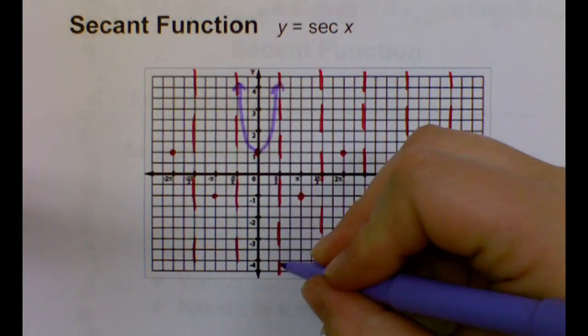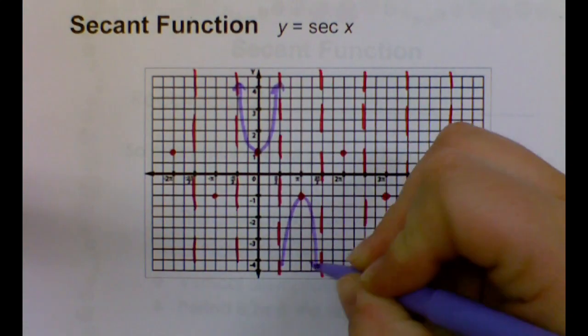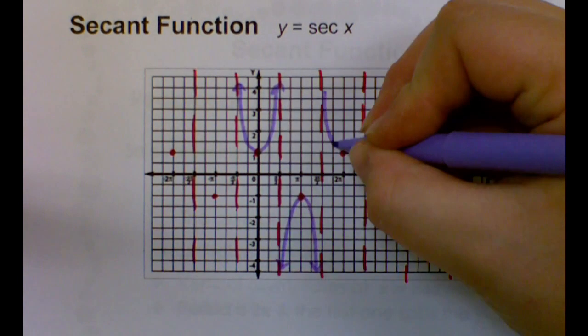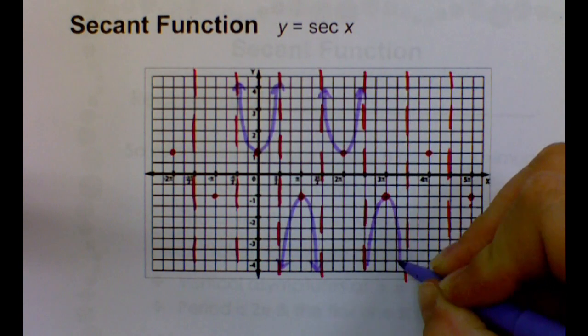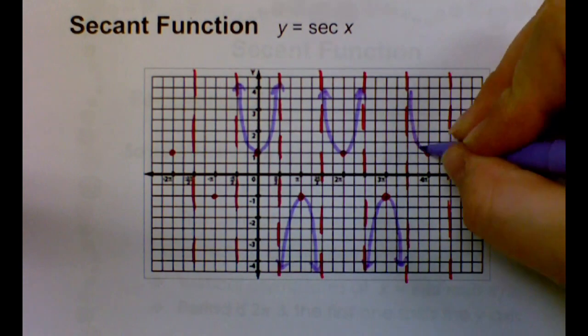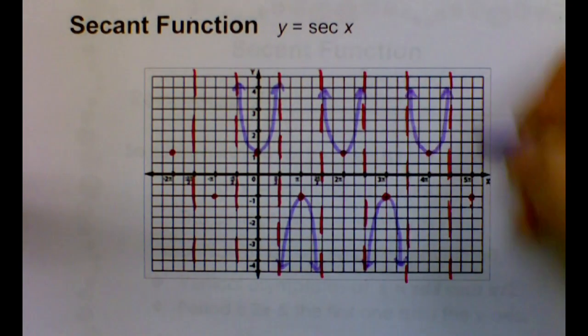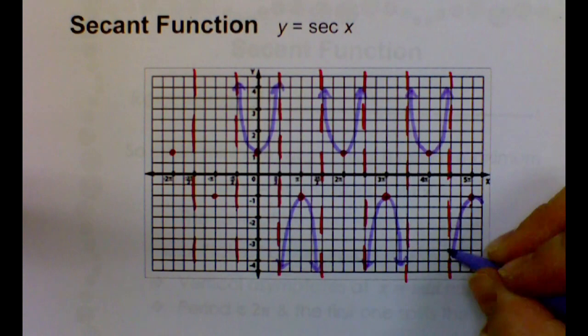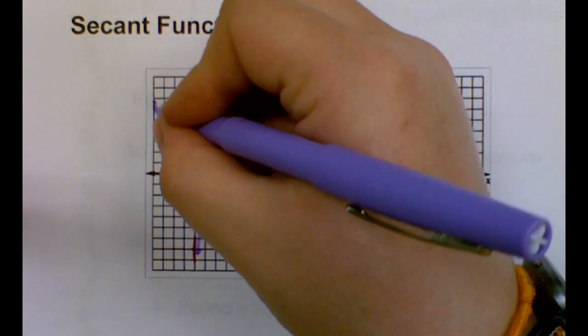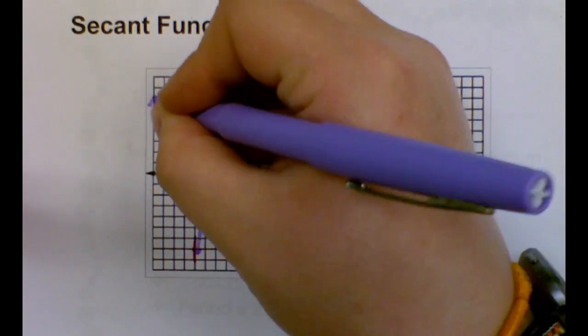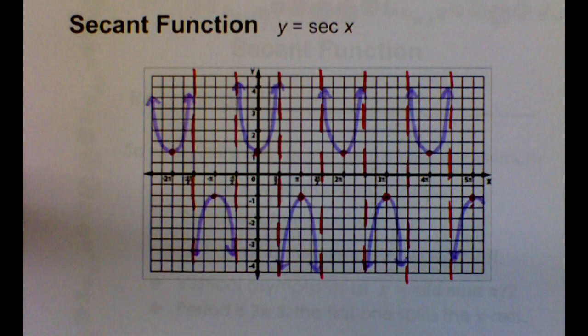It looks like a parabola almost, but it's really not because parabolas aren't bounded on the sides by asymptotes. And this just repeats over and over and over here. And there's our graph of secant.